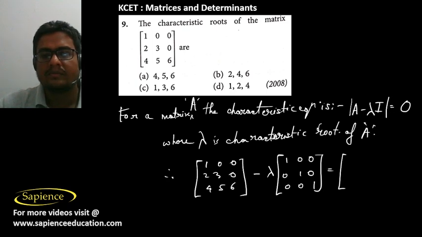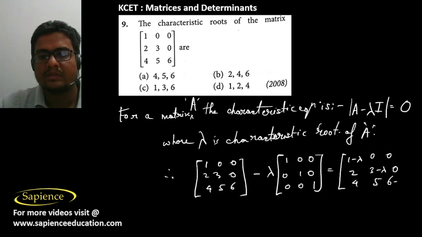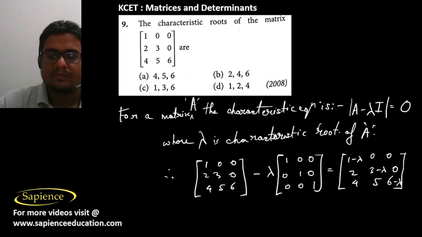So that will be 1 minus lambda, 0, 0, then 2, 3 minus lambda, 0, then 4, 5, and 6 minus lambda. So the determinant of this matrix should be equal to 0.